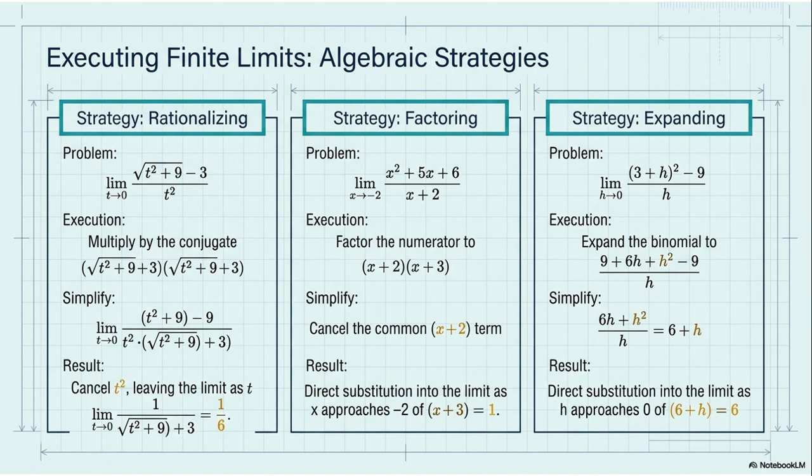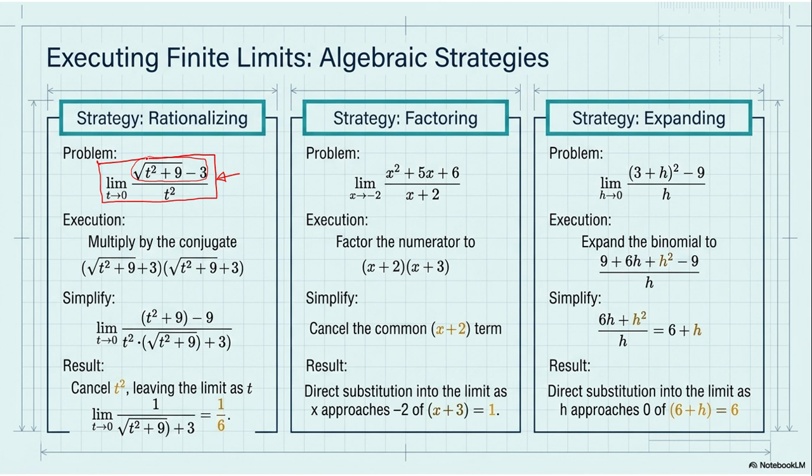We have three strategies. First one, rationalizing. Rationalizing means that if we are given some limits with a square root, like root over t squared plus 9 minus 3, then to calculate this type of limiting problem, we have to multiply the denominator and numerator by the conjugate of this term.